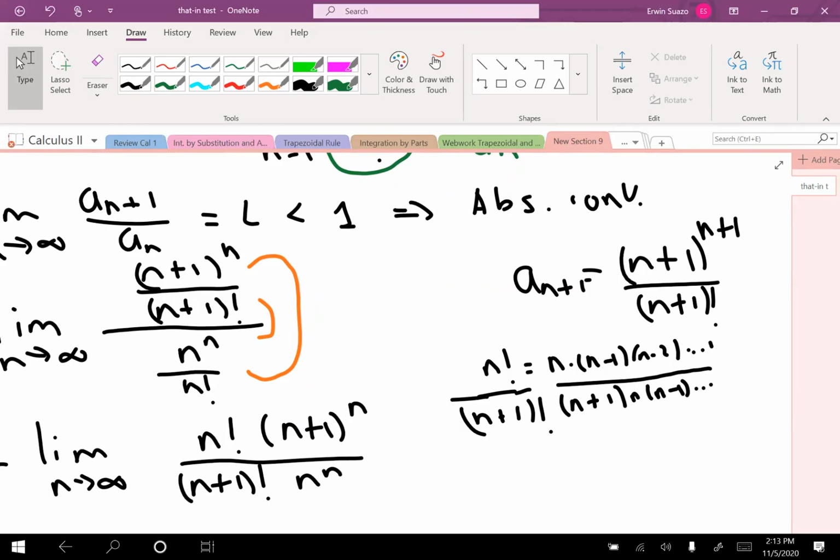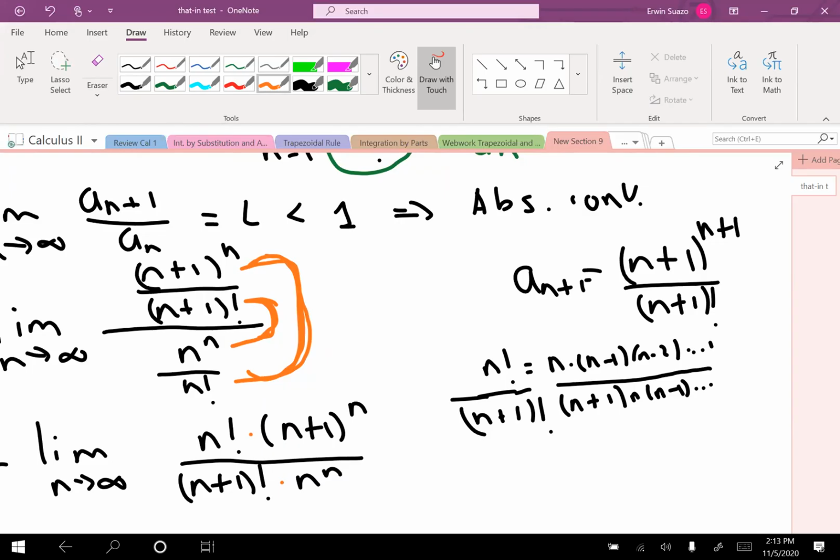It's n factorial times n plus 1 to the n plus 1. It doesn't matter because it's multiplication, so you can put it in. I just put it so you can see n factorial divided by n plus 1 factorial and powers with powers. But it's multiplication, so it doesn't matter.